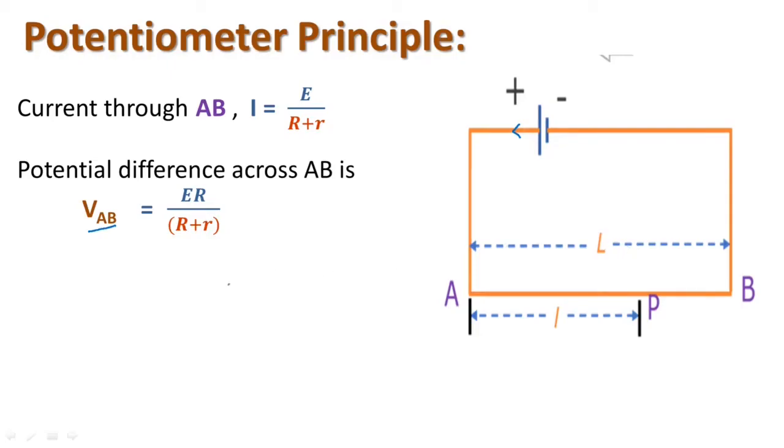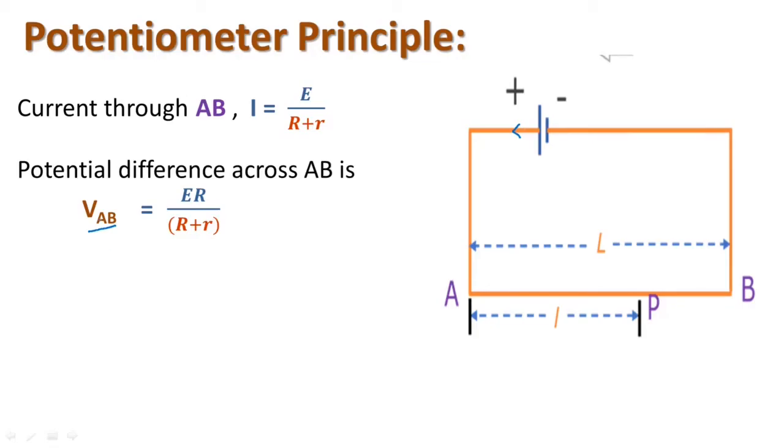Potential difference per unit length means पूर्ण वायरसाठी potential difference VAB आहे, for unit length means potential difference per unit length मिळवण्यासाठी आपल्याला इथे L ने डिवाइड करायला लागेल.